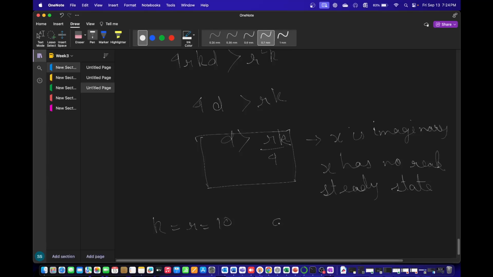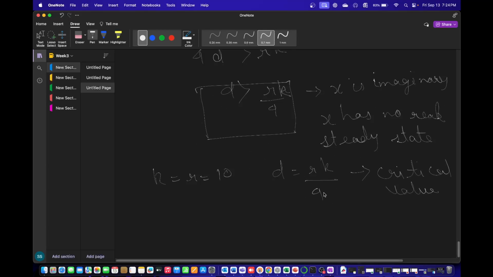But when d equal to rk by 4, since this condition is not included here, this is a real steady state. You can call this the critical value, beyond which the steady state goes from real to imaginary. So beyond this, when d becomes greater than rk by 4, it becomes imaginary.